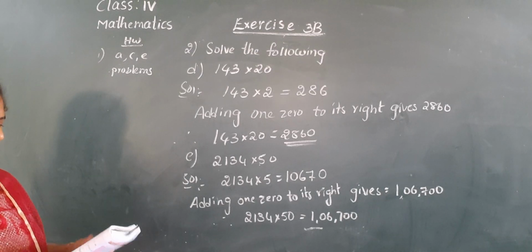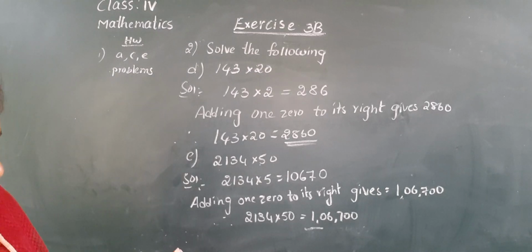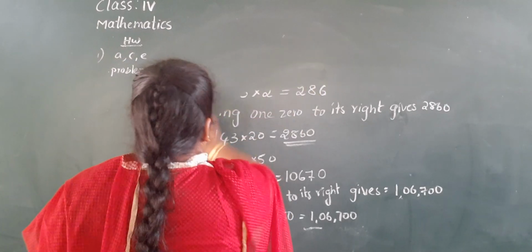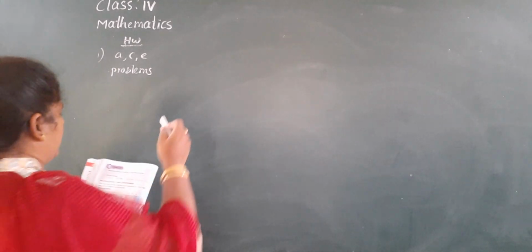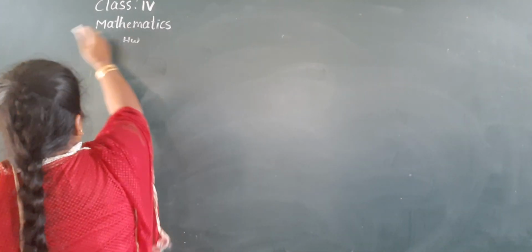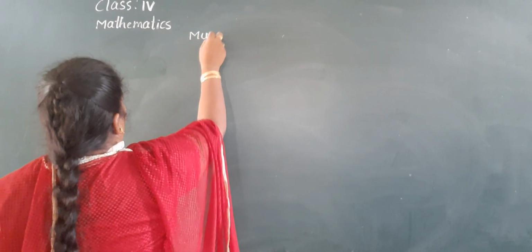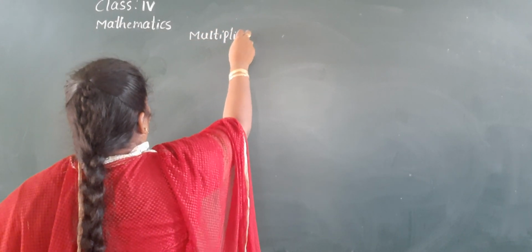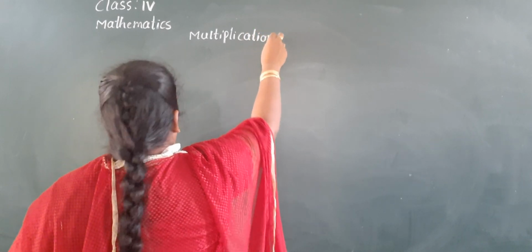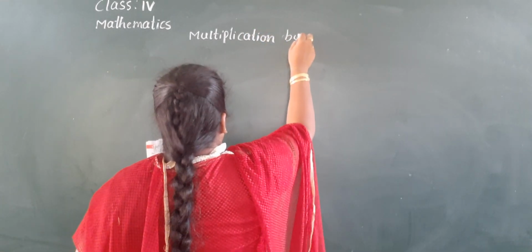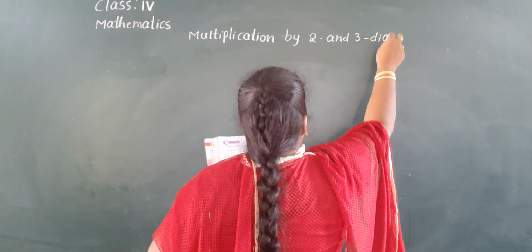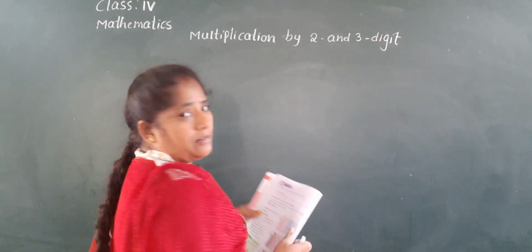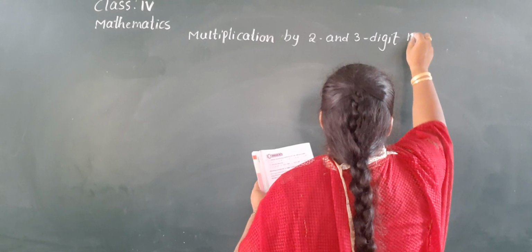Now write down multiplication by 2 and 3 digit numbers. Write the classwork neatly. Keep the side heading, all of you: Multiplication by 2 and 3 digit numbers.